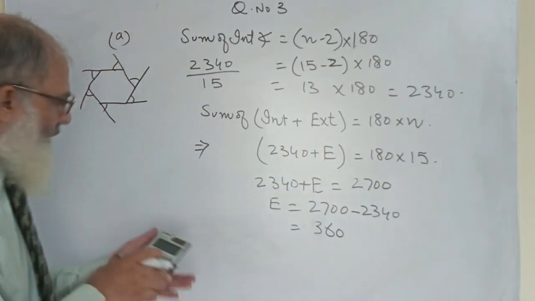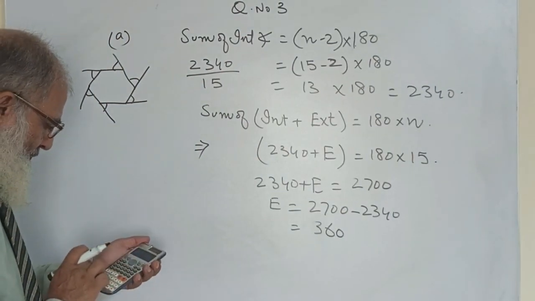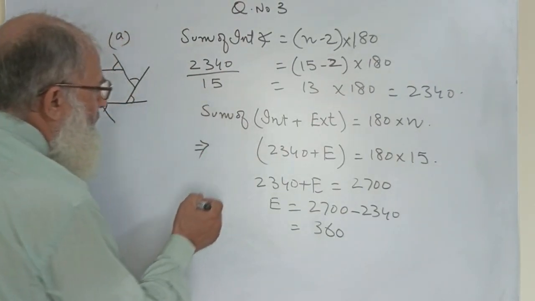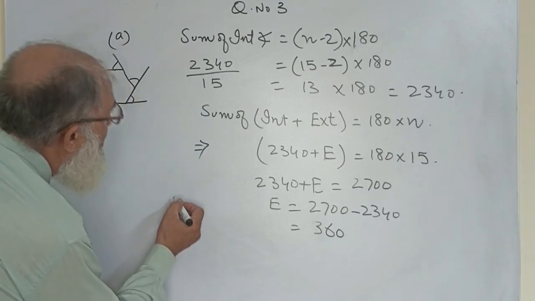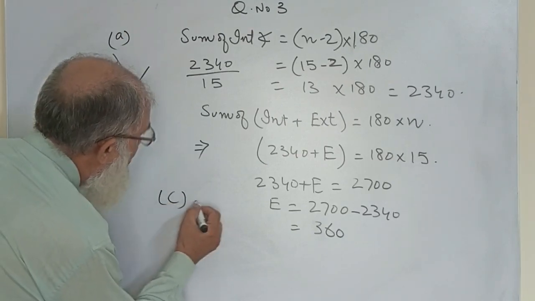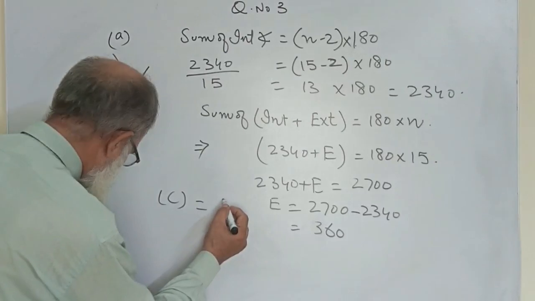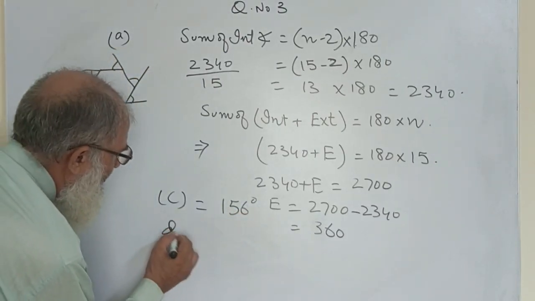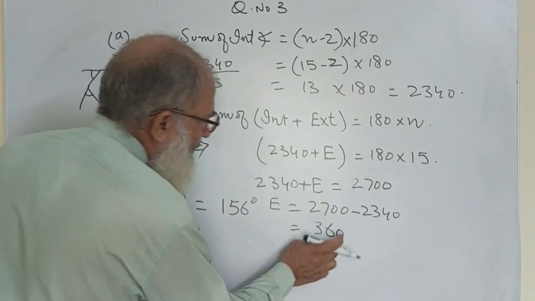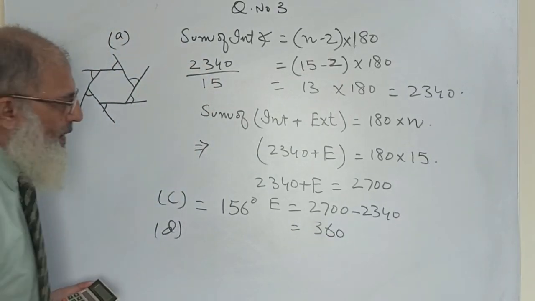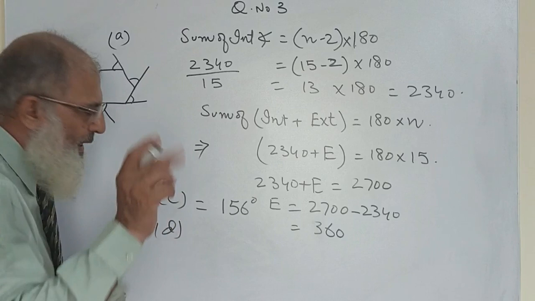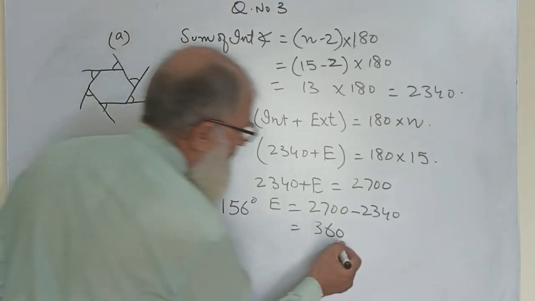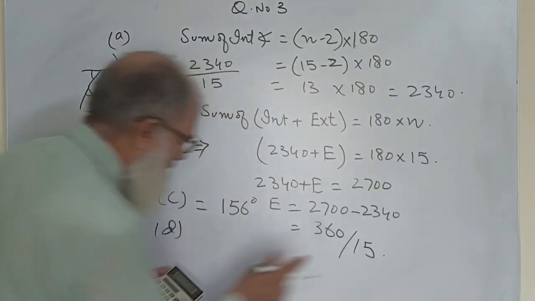It will become, for part C, 156. It is part C, and part D is for this, to find one angle out of it.